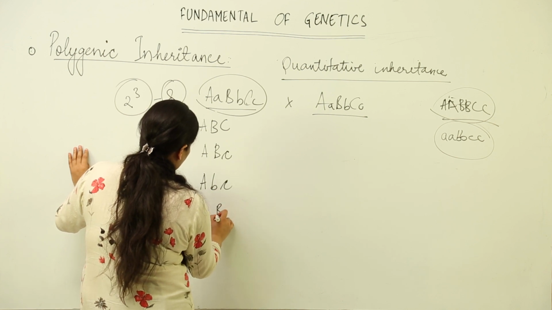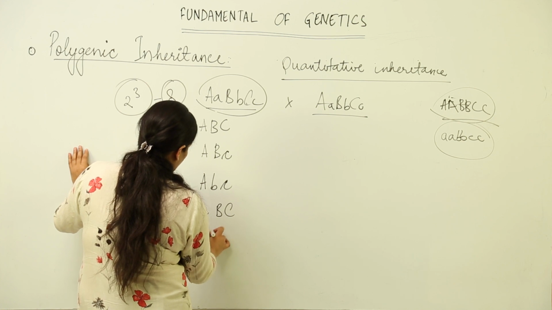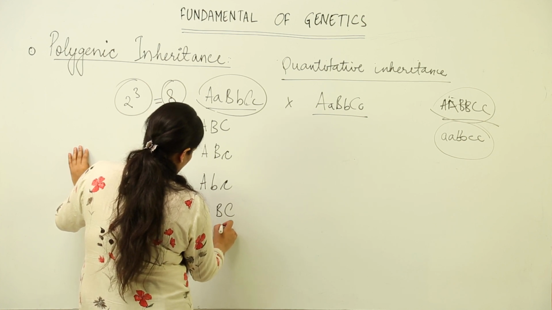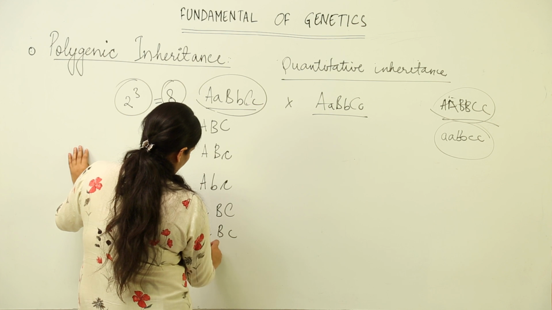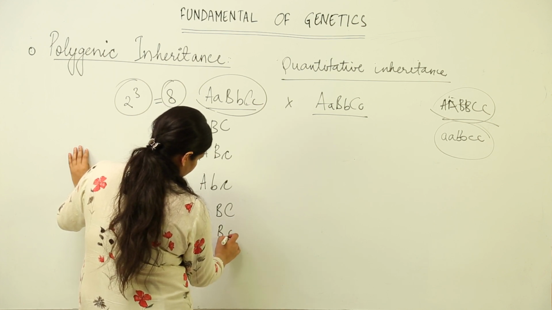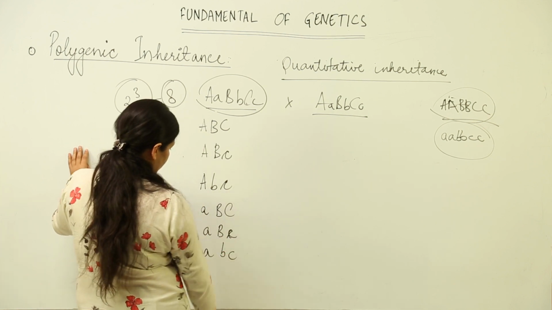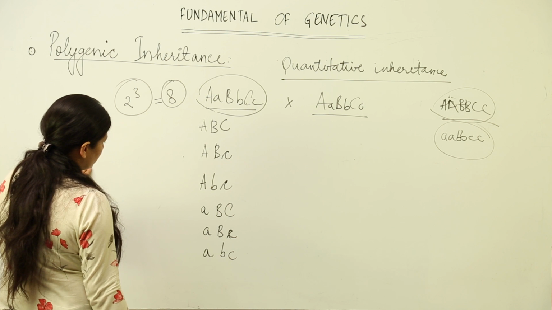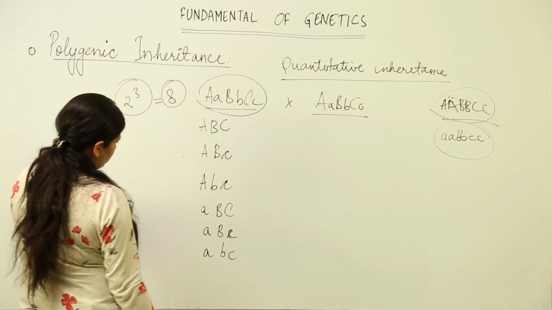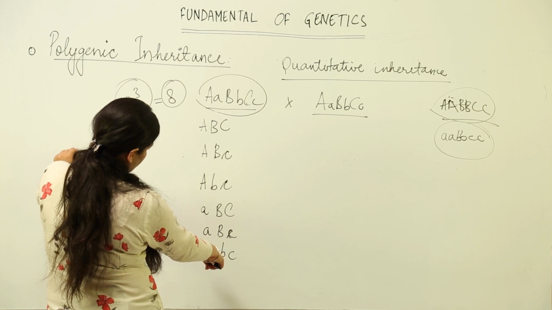Now small a would come with capital A, capital B, capital C. Now small a would come with capital B, small c, and this would be like this. Now we have got 3 for capital B.